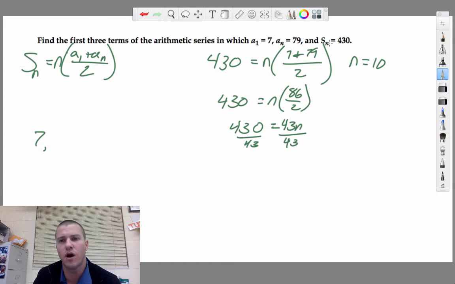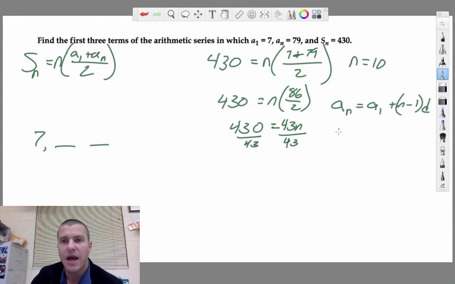In the first one, I had the sum, so I used the sum formula. Well, I need to find the common difference. I know the first term. I don't know how to find this next term. I do know now that the 10th term is 79. So what I can use is the an formula, and I know an is 79, a1 is 7, plus I know the n is 10, 10 minus 1 is 9, and now I'm just solving this.